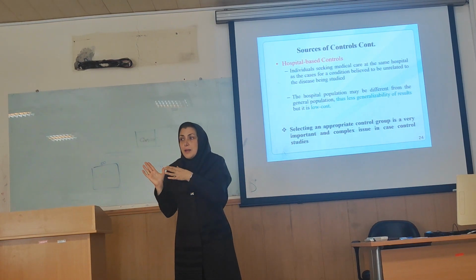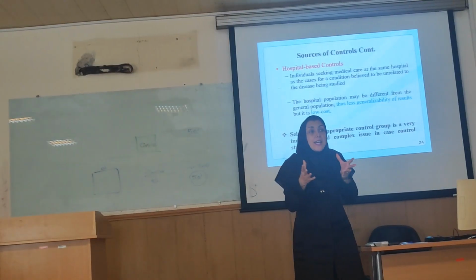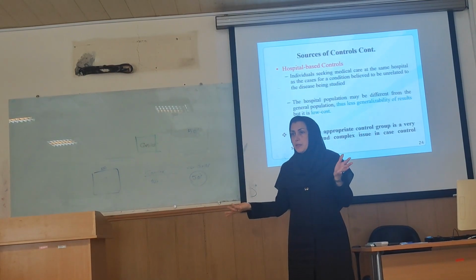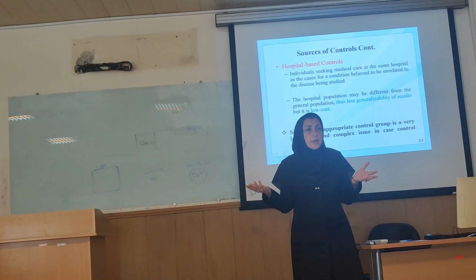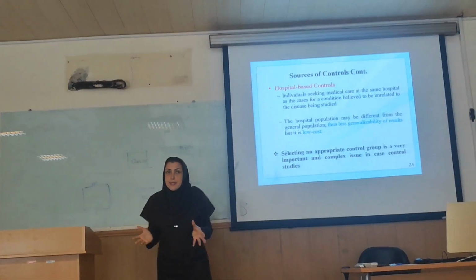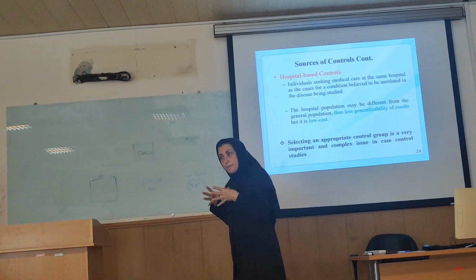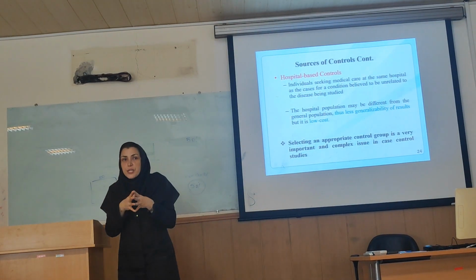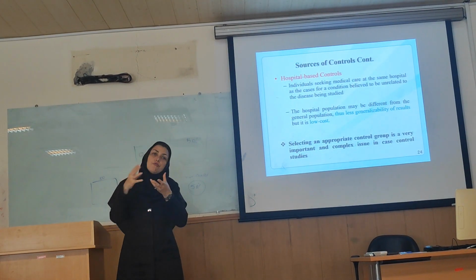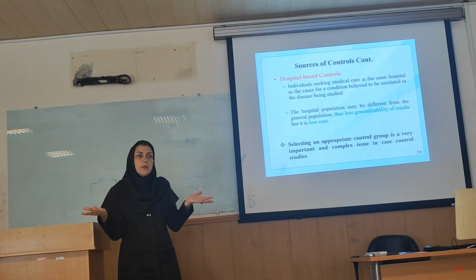In that case, we can use, for example, spouses, but we cannot use siblings because they are similar to each other. So this slide shows you the ability to select from different sources. But depending on the objective of your study, you should select one control group.